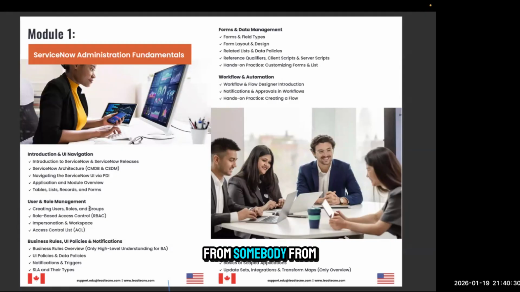Is it somebody from the HR team, IT team, legal team, finance team? Then based on the roles, they need to have certain access. For example, if I am an HR admin, I can actually approve your leaves, or maybe delete them, or maybe as an HR admin, I can only view it, but as your manager, I can approve or reject your leave. So role based access control.